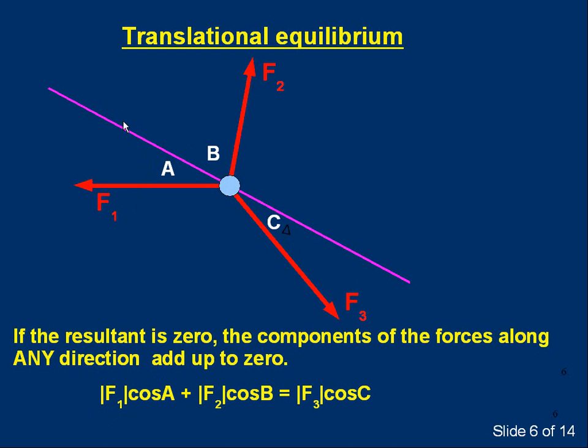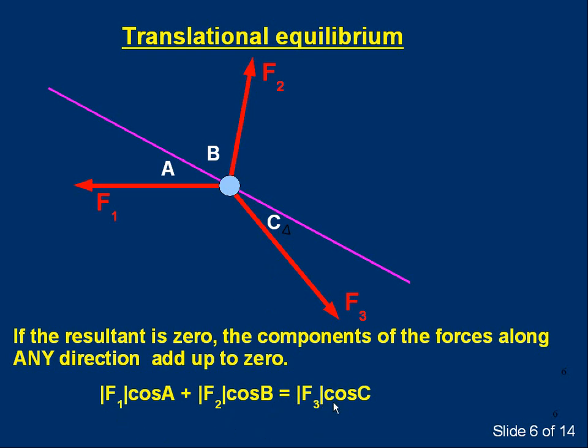Similarly, on the diagram, the magnitude of F2 times cos B is the component of F2 upwards along the purple line. And that must be balanced by the component of F3 downwards along the purple line. That's F3 cos C. So we've got this equation, and that's a very important equation.